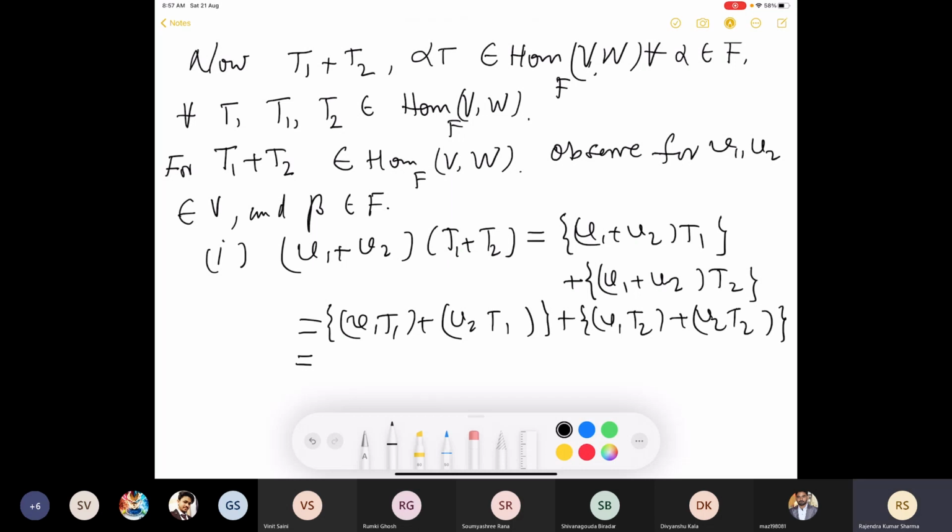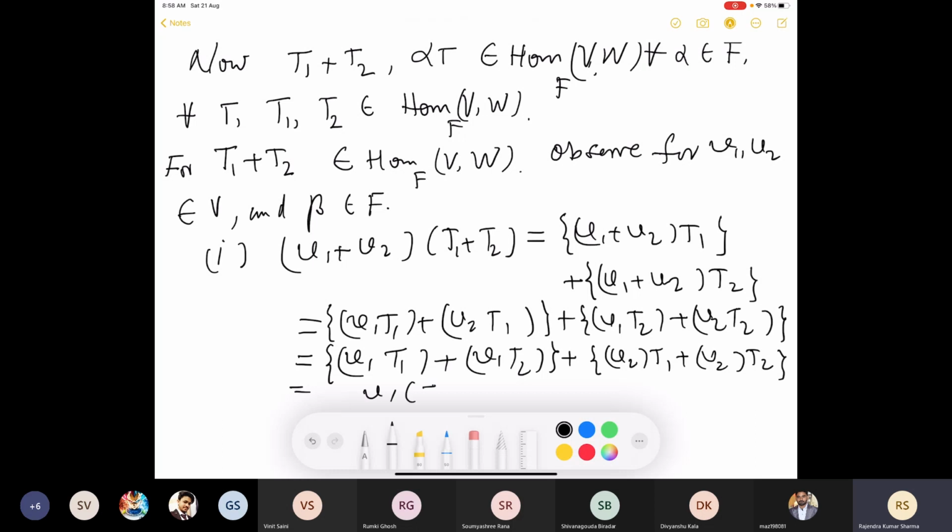So this is v1T1 plus v1T2 plus v2T1 plus v2T2. The first one is v1 under T1 plus T2, the second one is v2 under T1 plus T2.